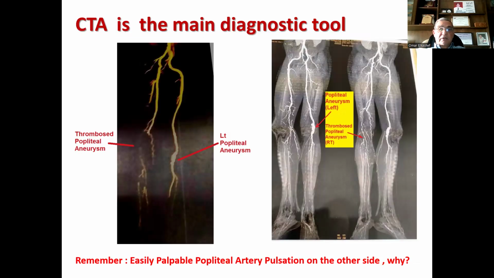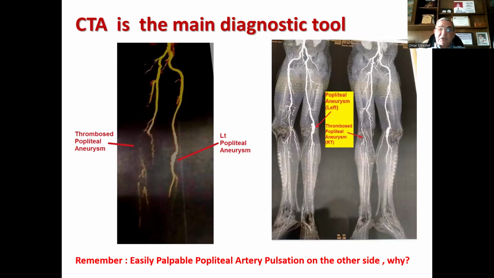Here CTA, which is the main diagnostic tool: on the right side, thrombosed popliteal aneurysm; on the left, non-thrombosed popliteal aneurysm. So in this case, the popliteal aneurysm on the right side is thrombosed, while the left popliteal aneurysm is not yet thrombosed.